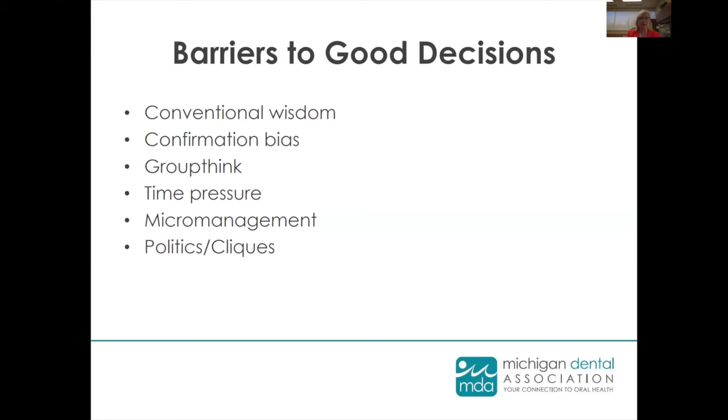So I don't think personally that we have huge problems with any of these at the Michigan Dental Association or in any of our committees, but it's good to be aware of what the barriers can be and to recognize them when you see them so that you can work around it, because that's just human nature.